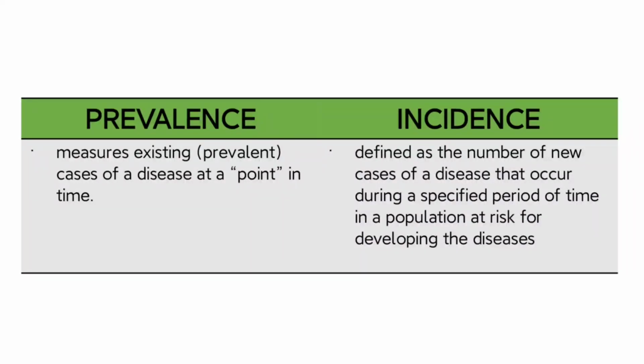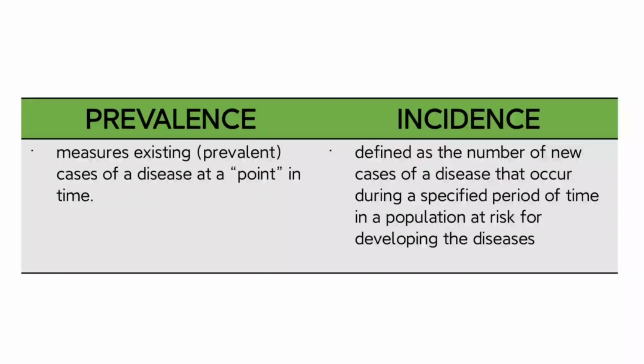Whereas incidence is defined as the number of new cases of a disease that occur during a specified period of time in a population at risk for developing the disease. So basically, for incidence, there are new cases involved here.